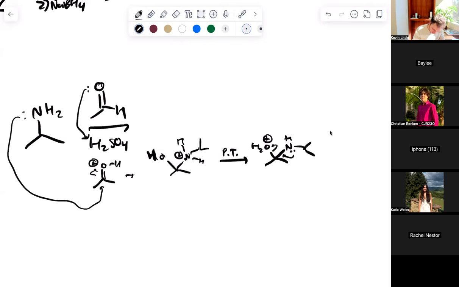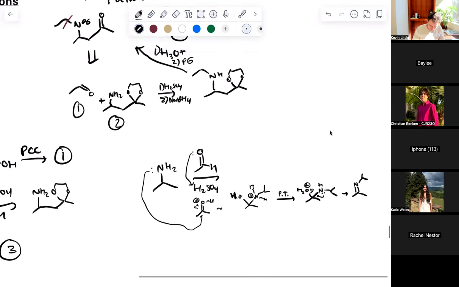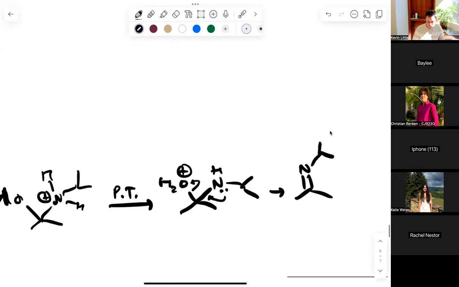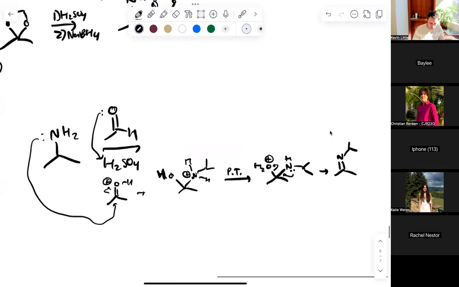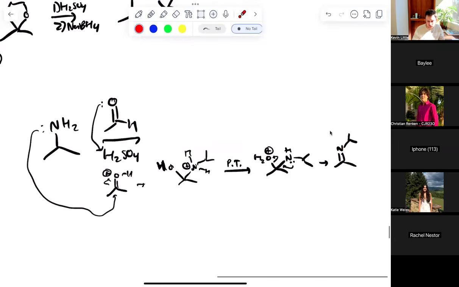The nitrogen, yeah. And then you deprotonate it and form this, right? So that's the first step. This plus this and H2SO4, you can walk through the mechanism. It forms the imine.